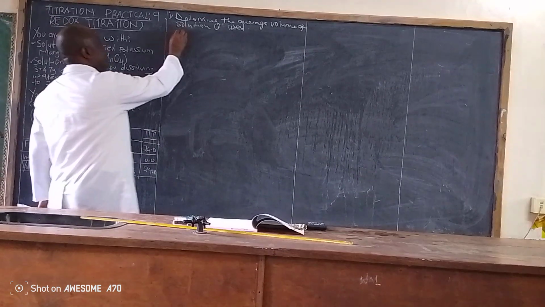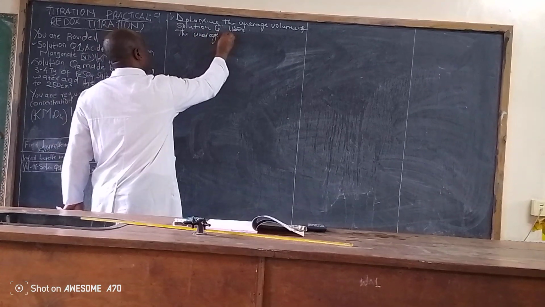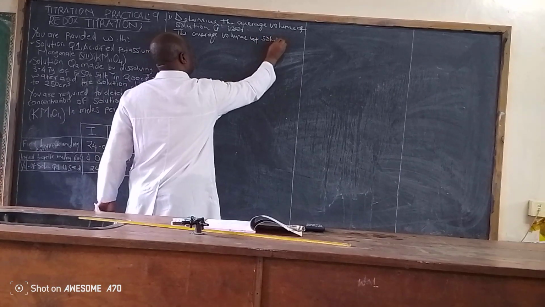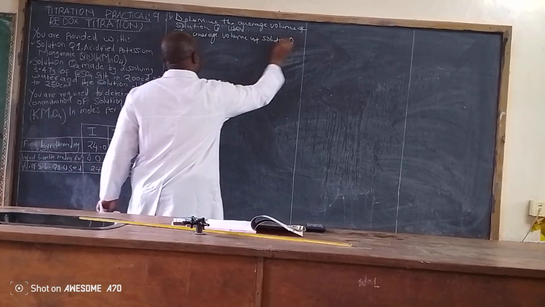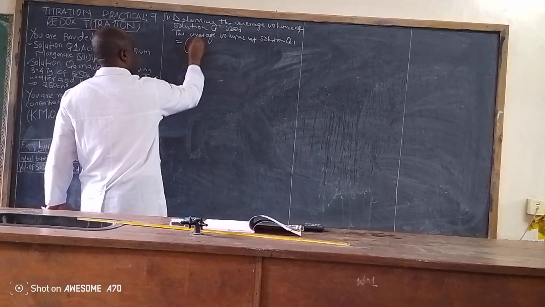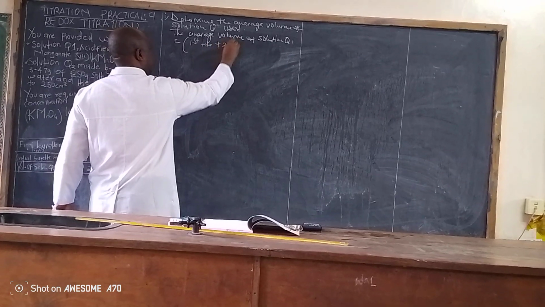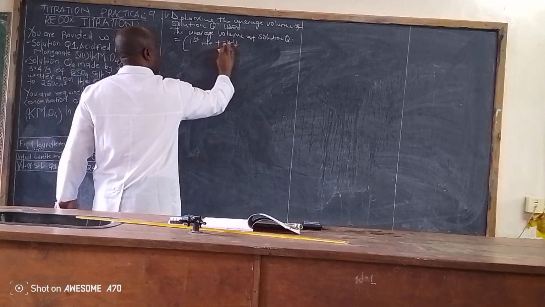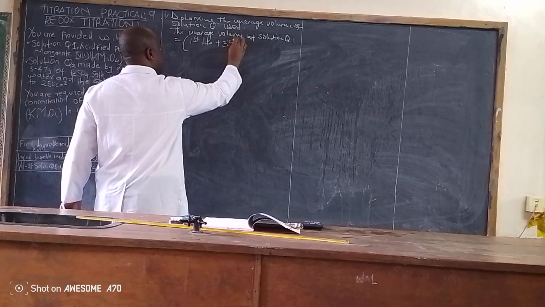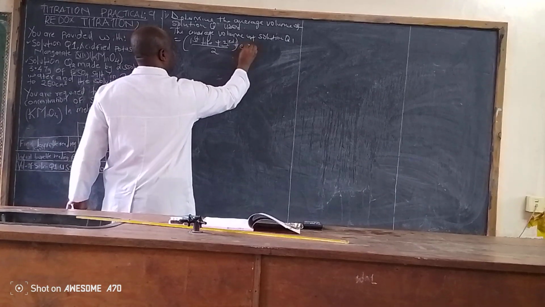So we are going to say the average volume of solution Q1 is equal to first titer plus third titer, we close the bracket, over 2, which is in cubic centimeters.